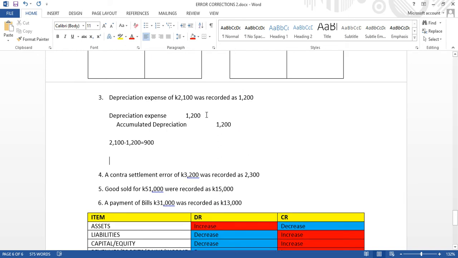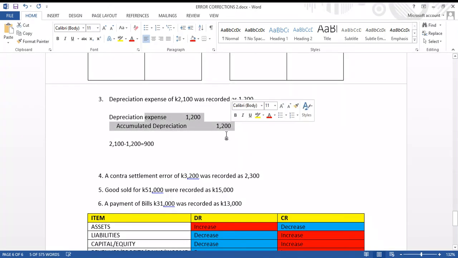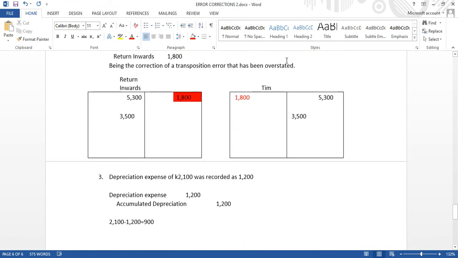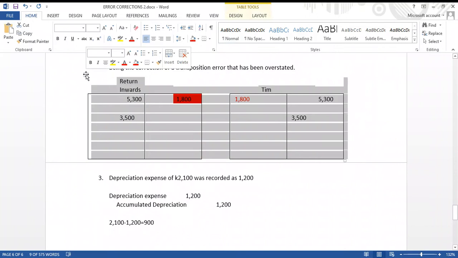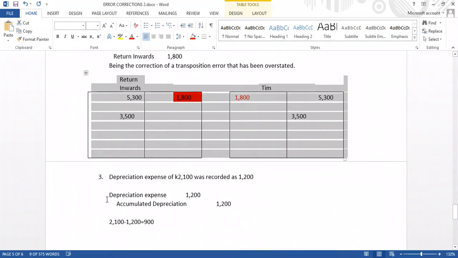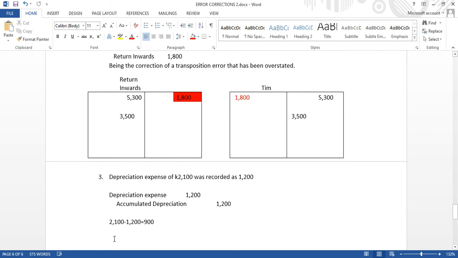We need to increase both of these accounts by 900. So to fix this error, we get our T-accounts here and put it here.